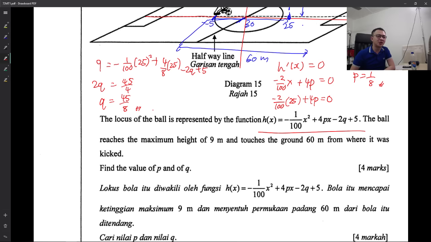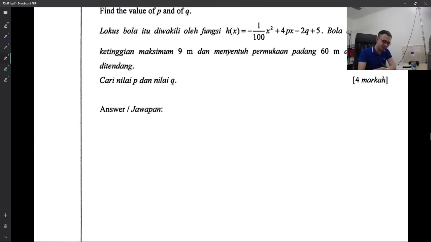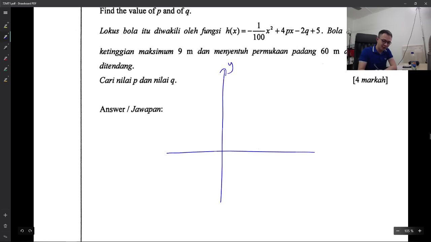Sir, can you draw a 2D curve? Yeah, I can draw a 2D curve over here. So basically you have a y-axis here and an x-axis here. The guy is standing here, which is -5, and then he throws the ball 60 meters from here.